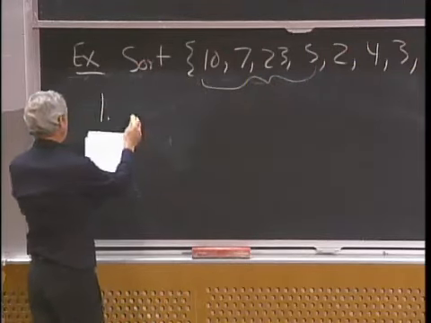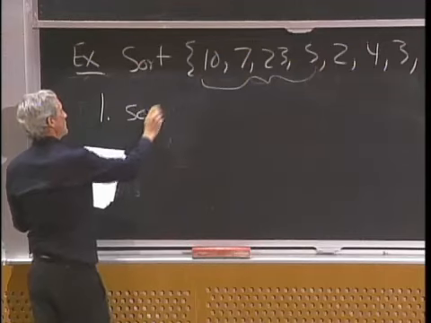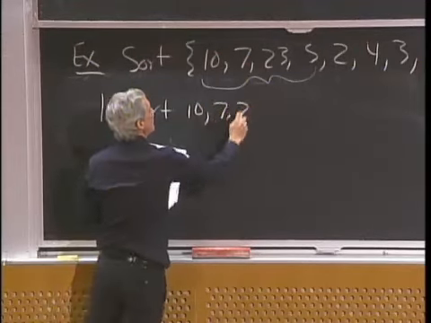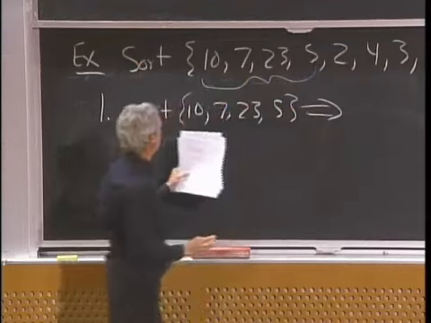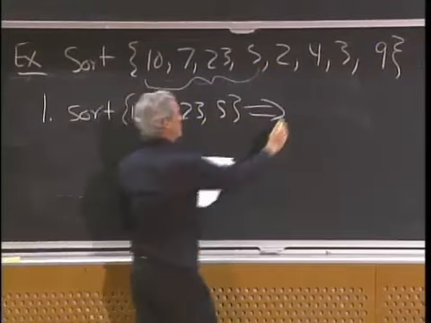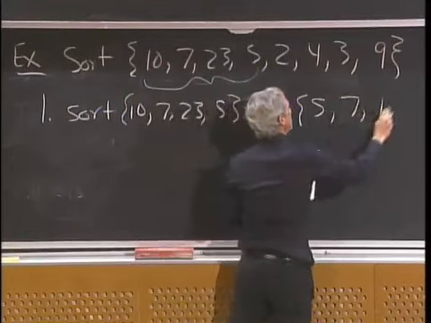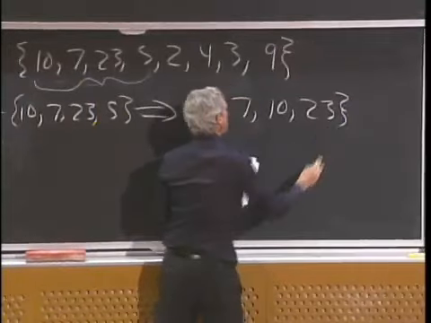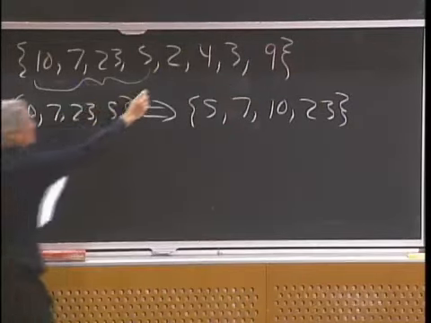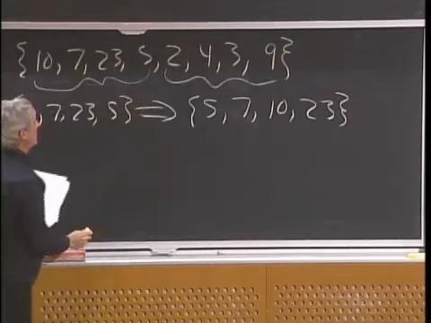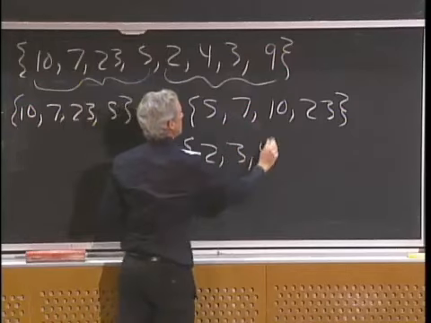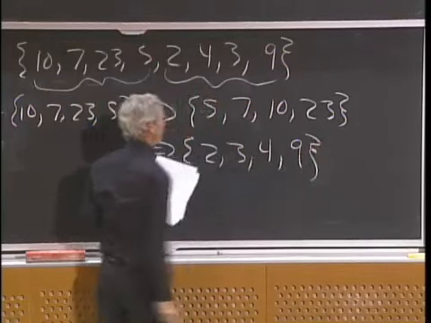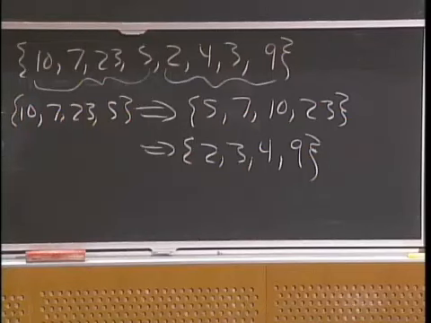When I sort 10, 7, 23, and 5, I'm going to get 5, 7, 10, 23. And then I recursively sort these guys, and that produces 2, 3, 4, and 9. I've done comparisons but haven't counted them because they're in the recursion.